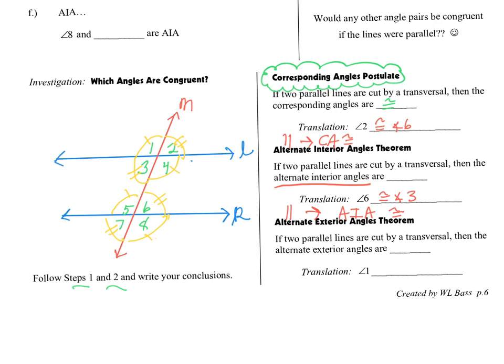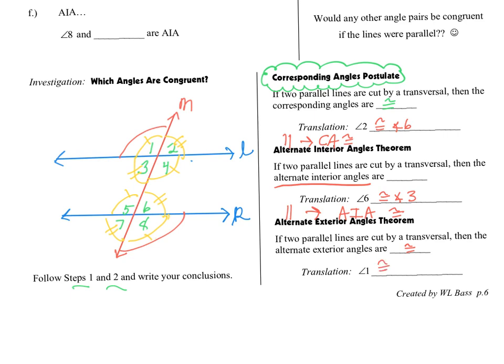Alternate exterior angles tells us if we have two parallel lines cut by a transversal, then the alternate exterior angles are congruent. So if we look at angle 1, the alternate exterior angle would be angle 8, and they would have the same measurement.